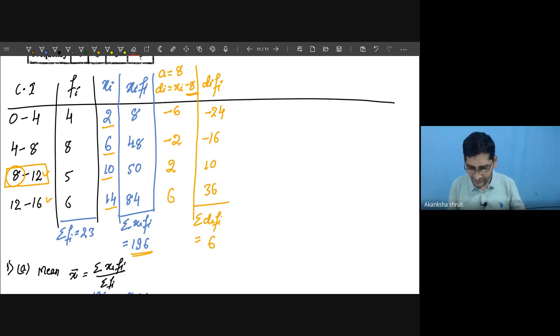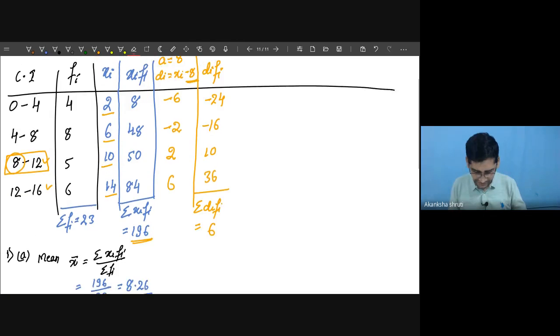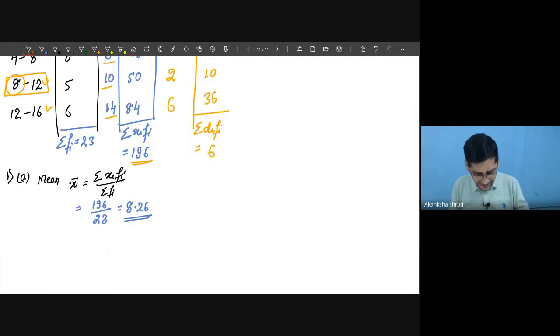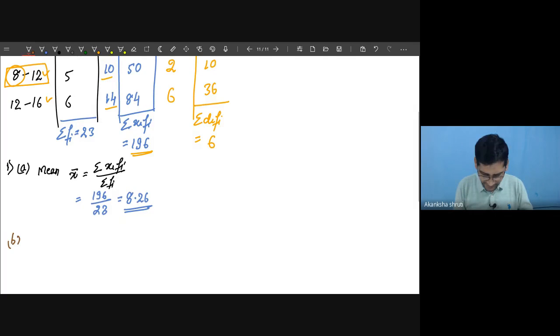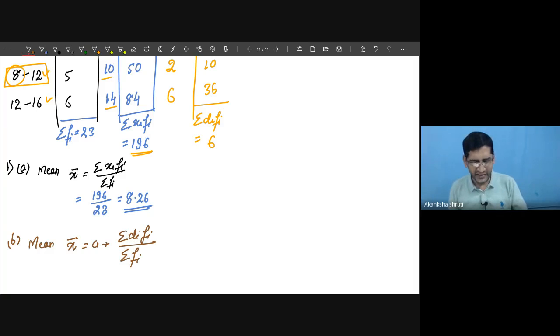So therefore, by the second method, our mean can also be obtained by choosing the A plus summation of di fi divided by summation of fi. And this we have done.